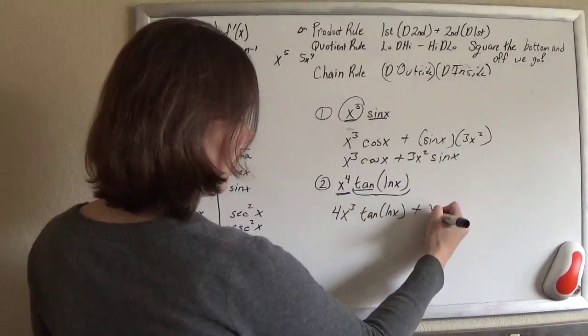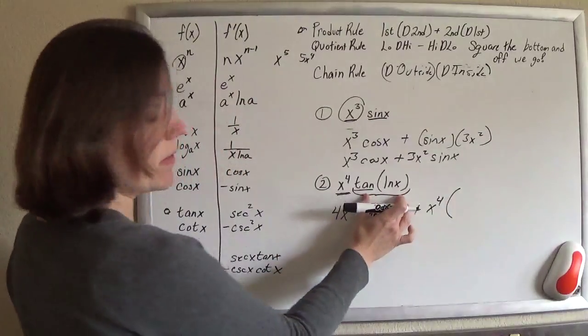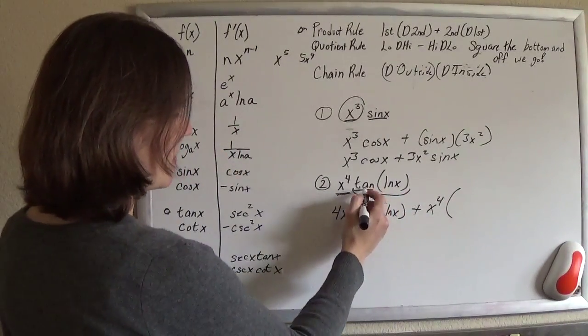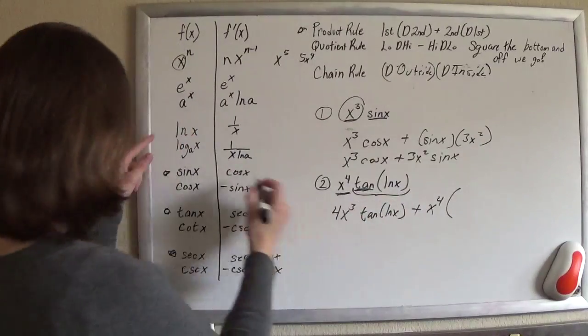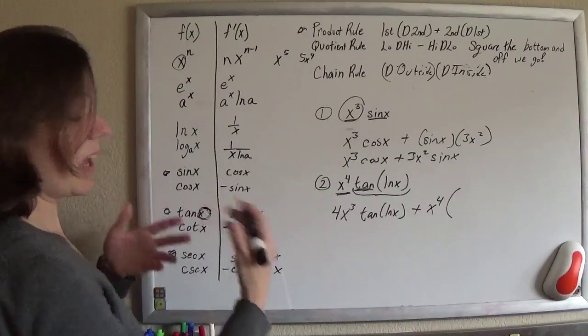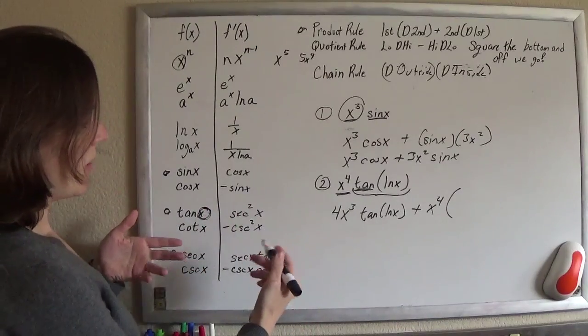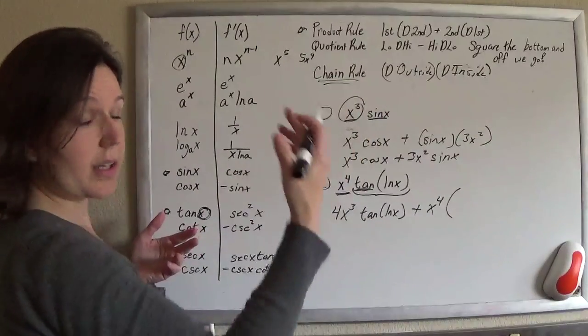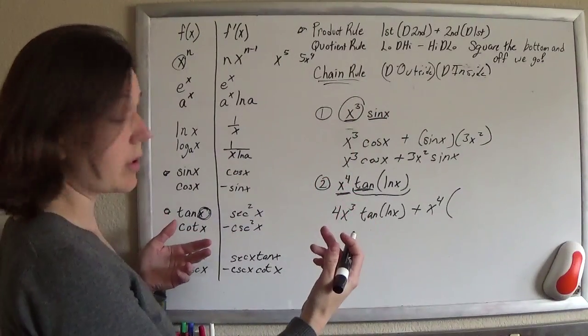Leave the first guy alone now, take the derivative of the second. This second function is the tangent, not just the tangent of x, it's the tangent of the ln of x. So whenever you have a function inside another function, that's your key to do chain rule.